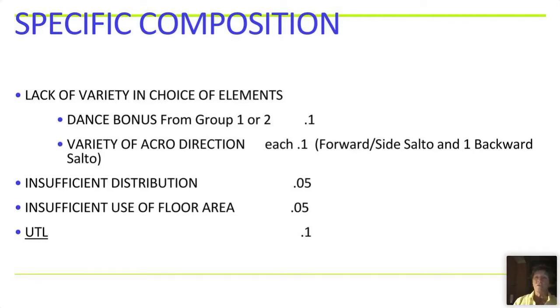They have to have a forward or side and a back. Each one's 1/10. Insufficient distributions, 0.05. Insufficient use of floor area is 0.05. We don't really see that too often. And the UTL up to the level is 1/10, as it is with the other events.